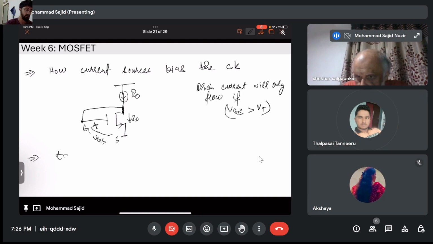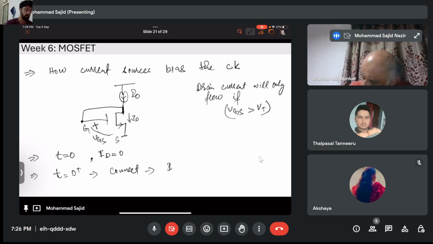At t equal to 0, do you agree that without any connections, ID is 0? There are no connections. You have not applied anything. ID will be 0, right? Yes, sir.